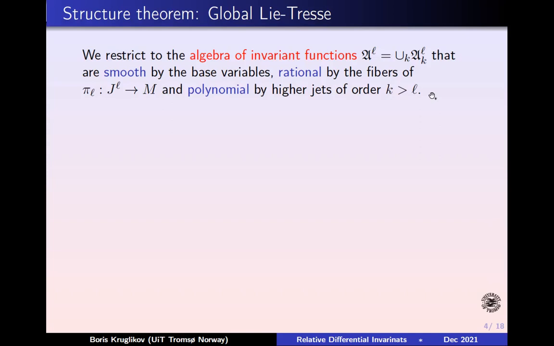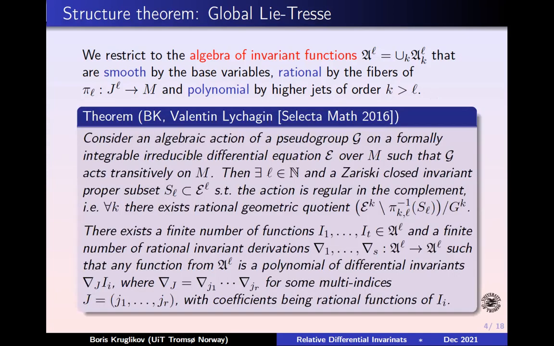Now, here is the structure theorem proven by Valentin Lychagin and me more than 5 years ago. We call it the global Lie-Tresse theorem, because the micro-local version of this was formulated by Lie and Tresse.